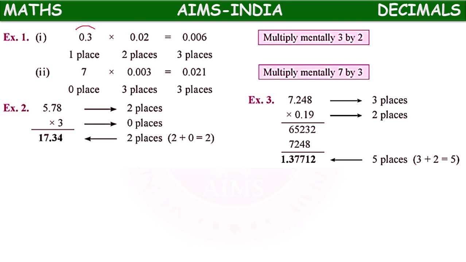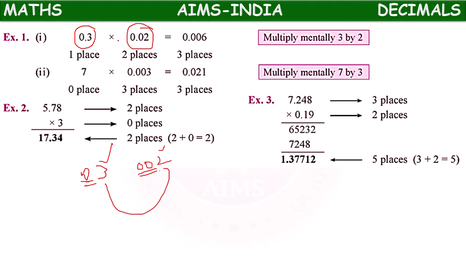So here 0.3, 0.02. So actually 0.3 means, so left side, if we remove point, it will become 03. Left side 0, no value, only it is 3. If we remove point, it will become 002. Left side zeros, they don't have any value. It will become only 2. Means 3 into 2. How much? 6.